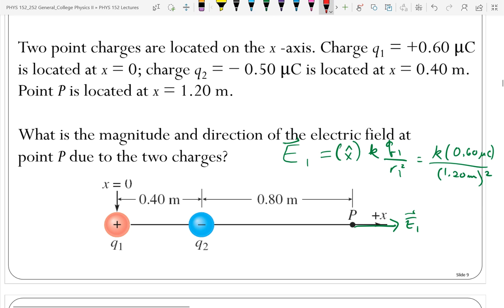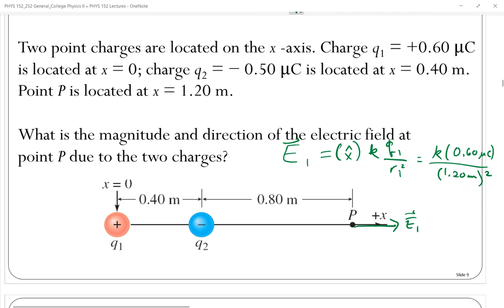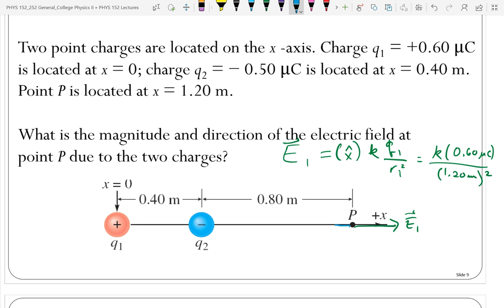And then for electric field 2, I'll actually color coordinate. That's a negative charge. What direction should the electric field point for a negative charge? Into it. So there's electric field 2. My direction first, minus x hat.